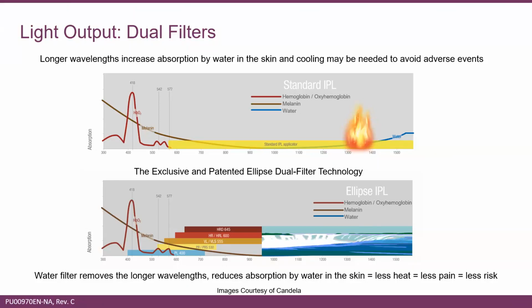The critical point here is we're now cutting off that additional light just before the water becomes one of the main chromophores. So we're heating up our specified target to the required temperature to destroy it, but we're not heating up the surrounding water in the cells in the tissue. This is the reason why we don't need any kind of contact cooling when we're using this dual filter technology, or SWT as we call it.